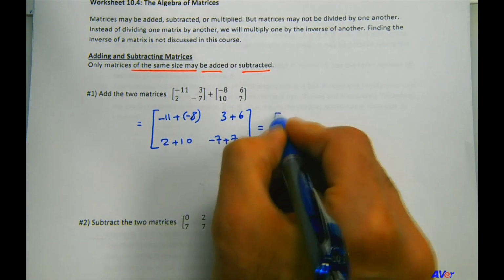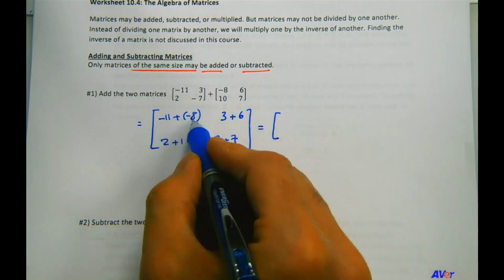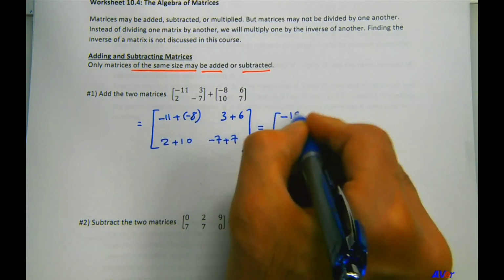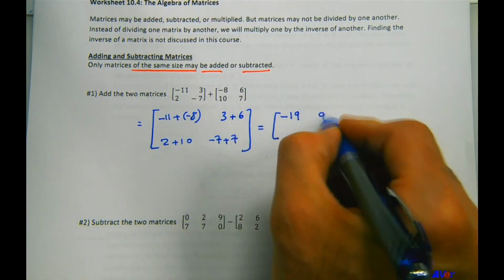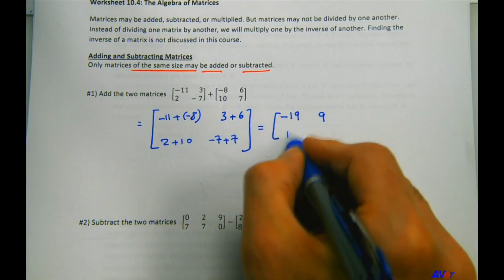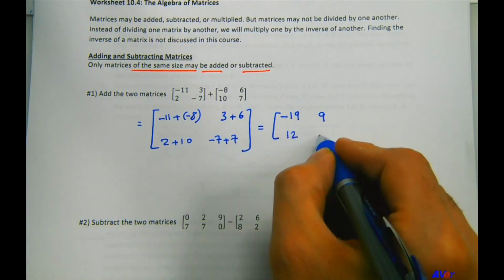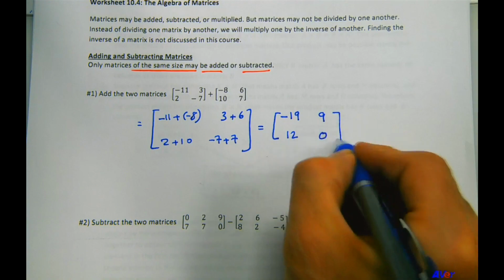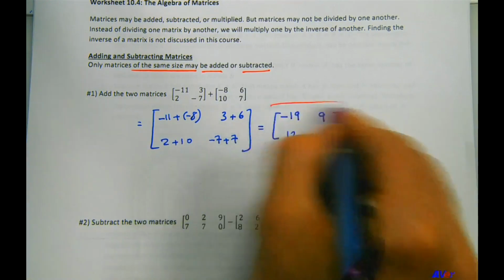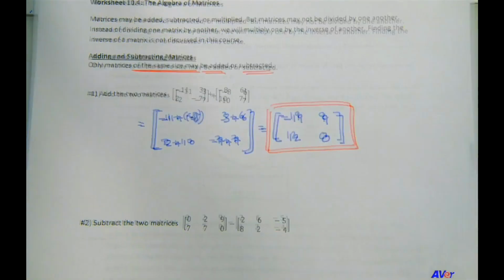Okay, let's simplify this. Minus 11 plus minus 8, we get minus 19. 3 plus 6, we get 9. 2 plus 10, 12. Minus 7 plus 7 is, of course, 0. Okay, that's adding two matrices.